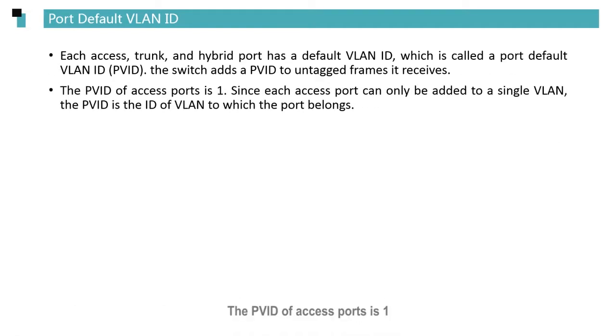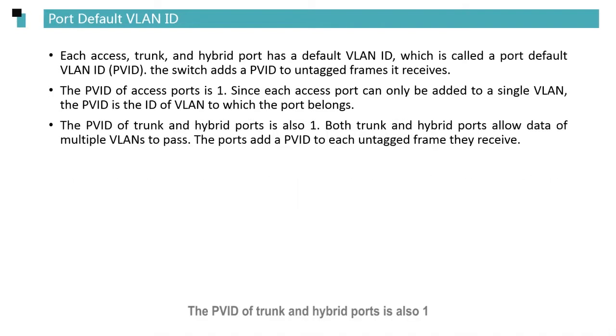The PVID of access ports is 1, since each access port can only be added to a single VLAN. The PVID is the ID of the VLAN to which the port belongs. The PVID of trunk and hybrid ports is also 1. Both trunk and hybrid ports allow data of multiple VLANs to pass. The ports add a PVID to each untagged frame they receive.